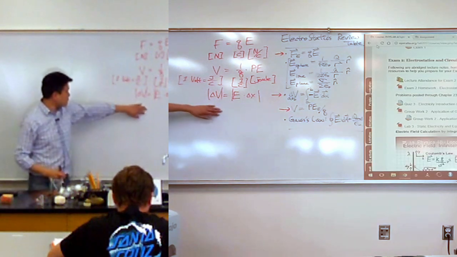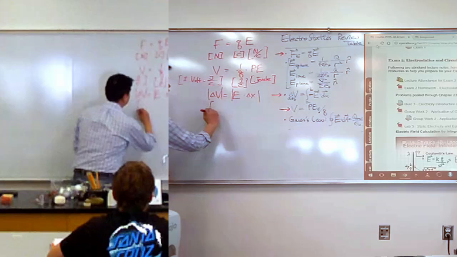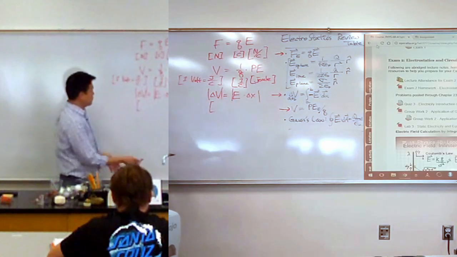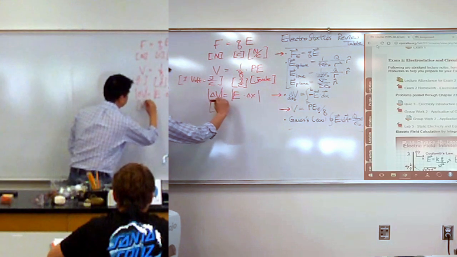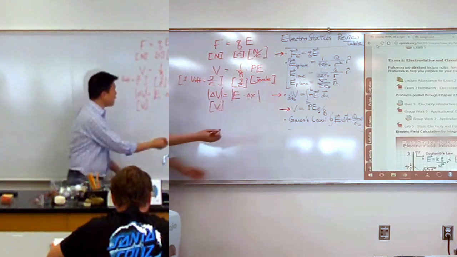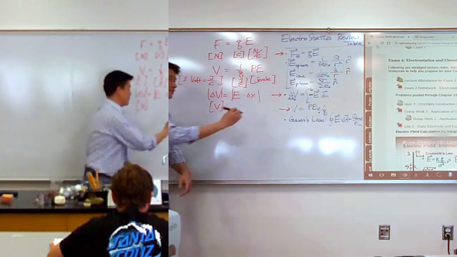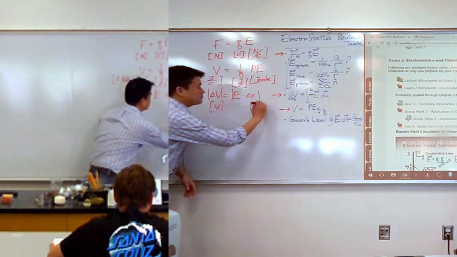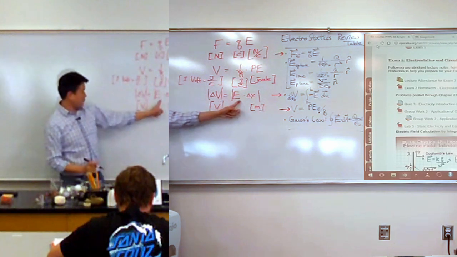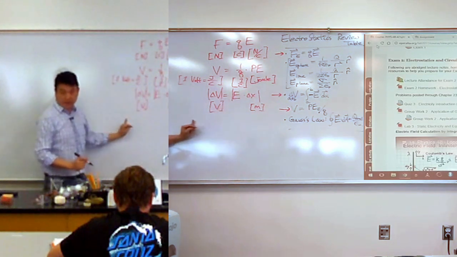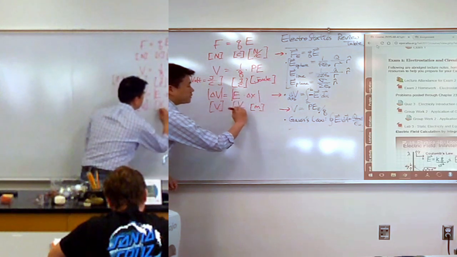The left-hand side is in volts, the named unit for voltage in electrostatics. On the right-hand side, what's the unit of length? Meter, the SI unit of length. So for the units to come out right, the electric field must have units of volts per meter.